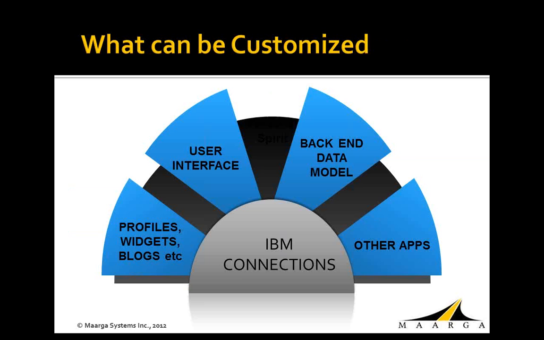It goes to the level of adding new data to the data model itself, all the way to the front end, the user interface, changing the colors, changing the schemas, changing the themes, any of that. And every aspect of the applications, like the profiles, the widgets, the blogs, adding new tabs, and adding a new complete application to Connections as well. So all of this is possible.